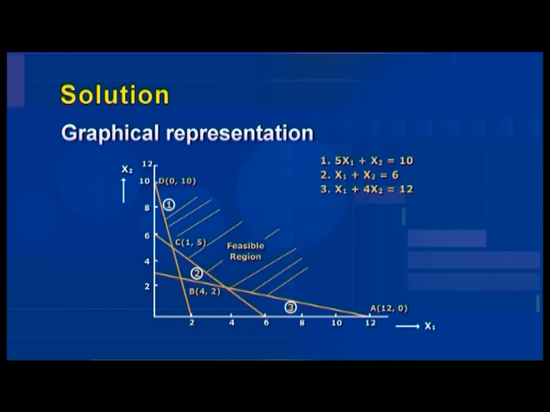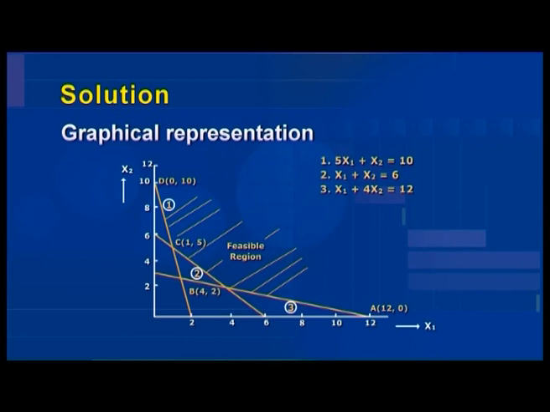But the question is which points satisfy 5x1 + x2 ≥ 10. Any point below the constraint line violates the inequality condition, but any point above the line does not violate the constraint. Thus, the inequality and non-negativity conditions can only be satisfied by the shaded area, which is the feasible region.